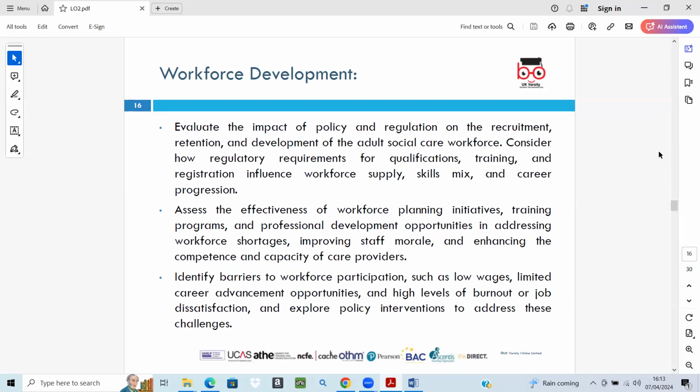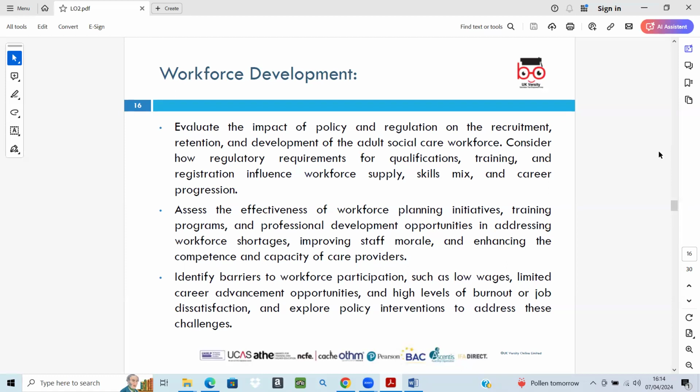We always need to identify barriers to workforce participation, which include low wages, limited career advancement opportunities, and high levels of burnout or job dissatisfaction. These barriers impact recruitment and retention as well, and workforce participation will be less due to these barriers.